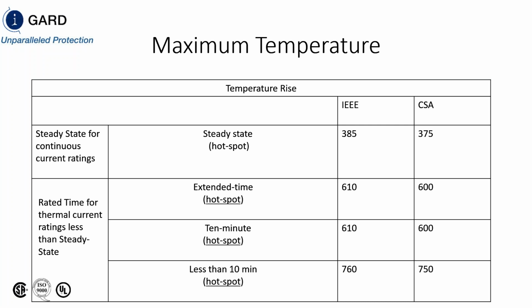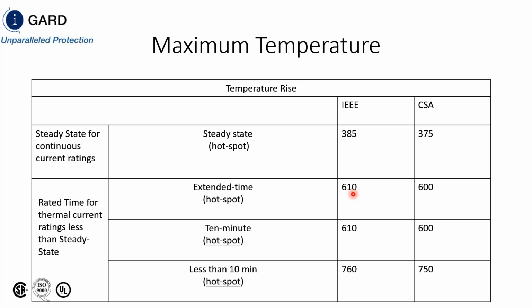The difference between these two numbers is the IEEE ambient temperature is 30 degrees C and the CSA ambient temperature is 40 degrees C. So the final temperature on the resistor is going to be the same. The temperature rise is a little bit different. So 385 over 30, 375 over 40.